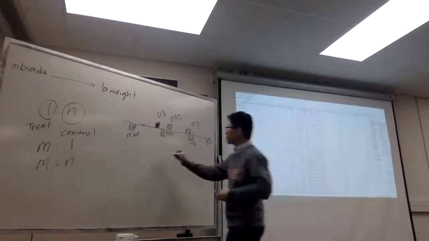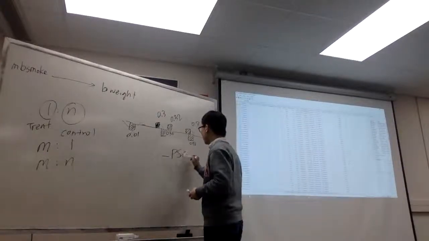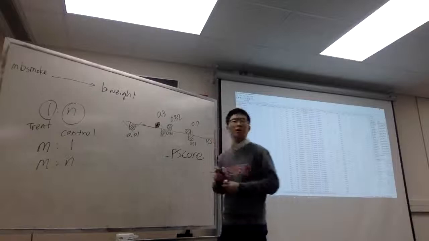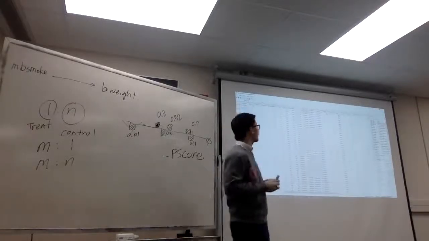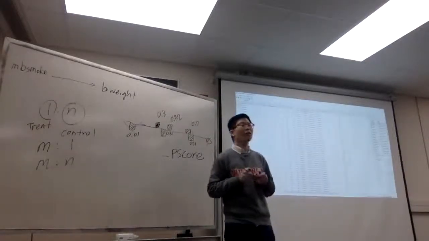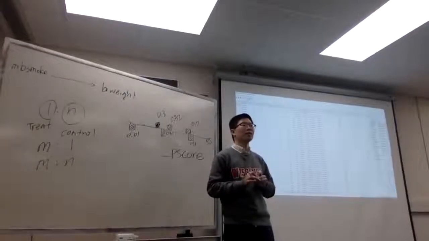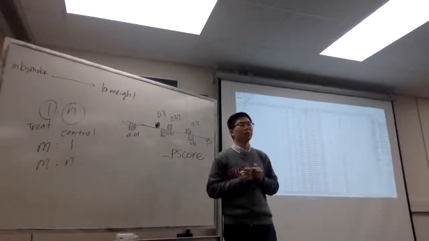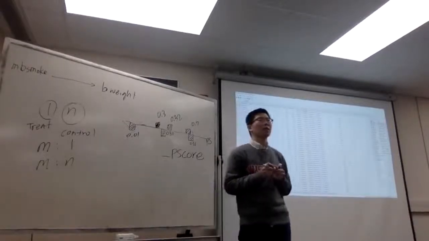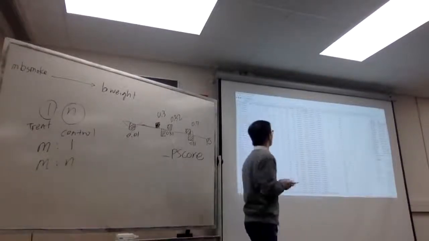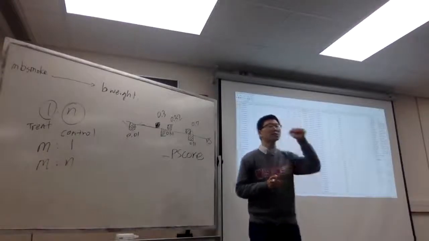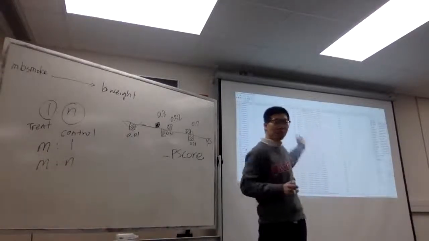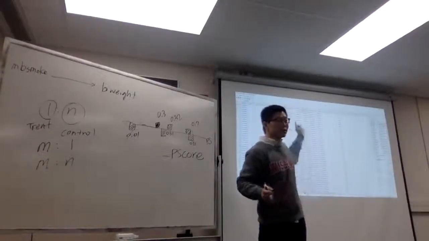Underscore P score is the propensity score that was predicted, the propensity score to engage in prenatal smoking. Any questions? This is the propensity score variable.